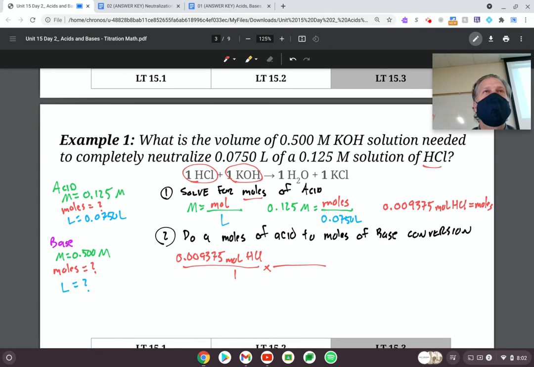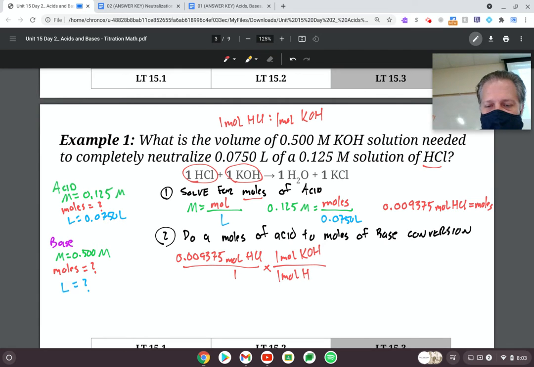In this case, the ratio happens to be 1:1. So it's like 1 mole of HCl to 1 mole of KOH. They won't always be 1:1, but this time they happen to be. So 1 mole of KOH is equal to 1 mole of HCl. So the math on this one is super simple.